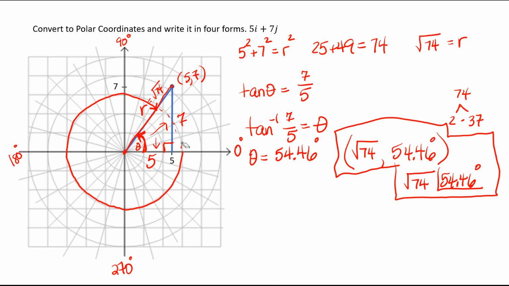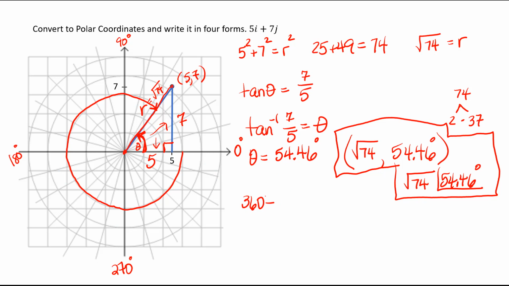So to figure out this angle when we go clockwise, we call it a negative angle. So we're going to say 360 minus theta, because we're going not all the way around, but all the way around minus theta.